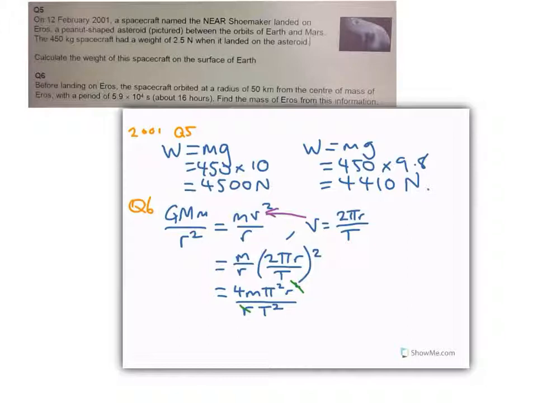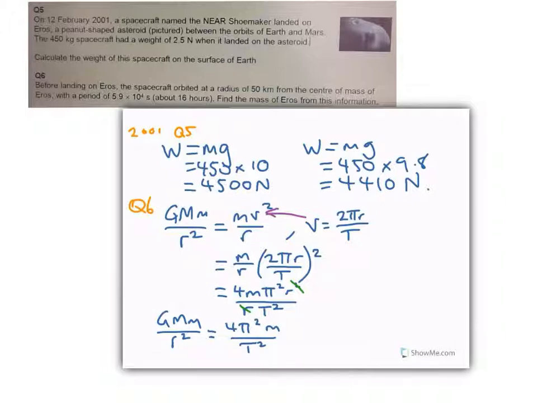So that gives us the equation G is equal to 4 pi squared m over t squared. That's a ratio that can be used a little bit.